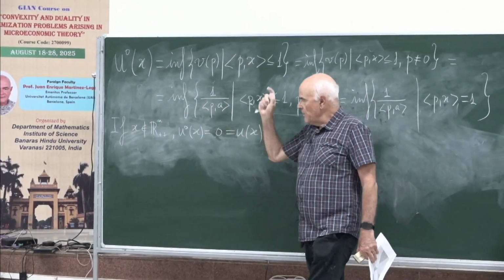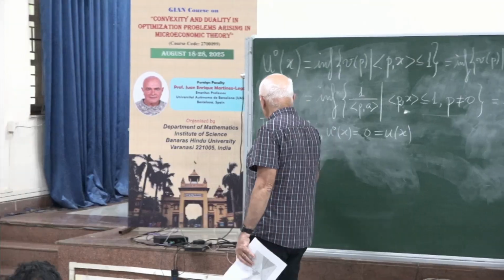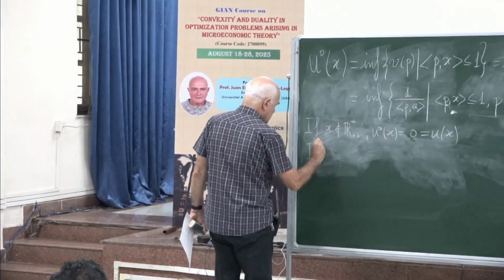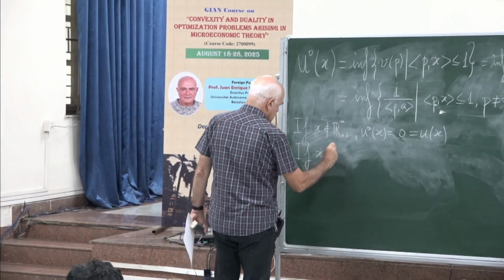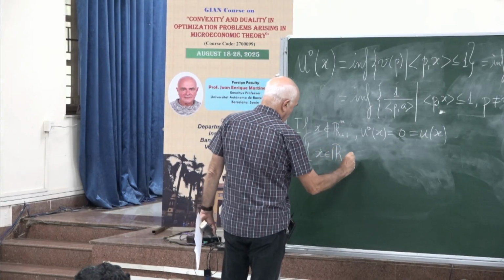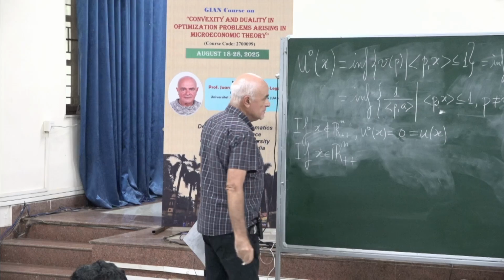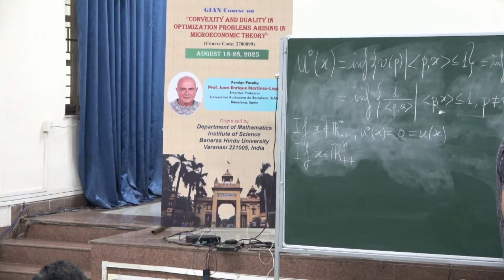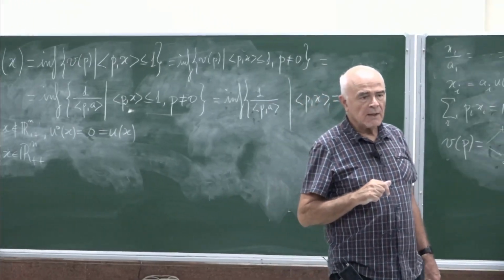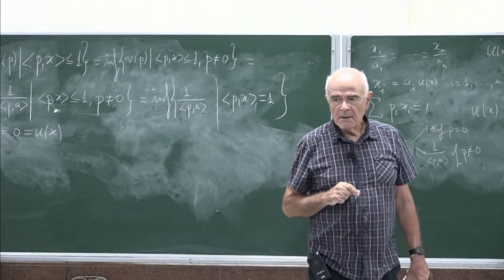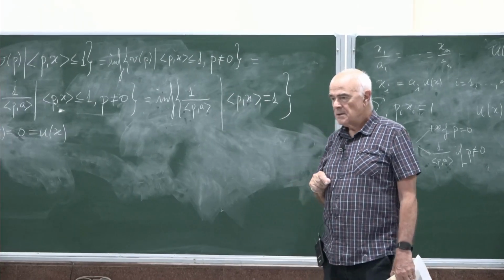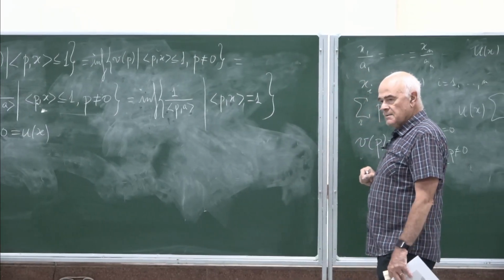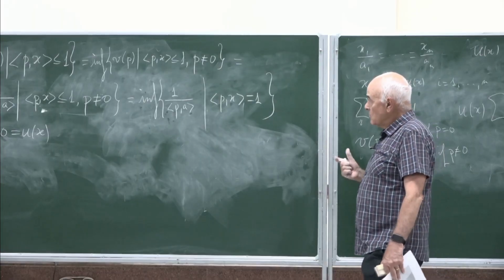Okay? But now let us consider the more interesting case in which x has all of its components positive. Now it's when I am very happy, because we are on a compact set. Actually, a compact polytope.